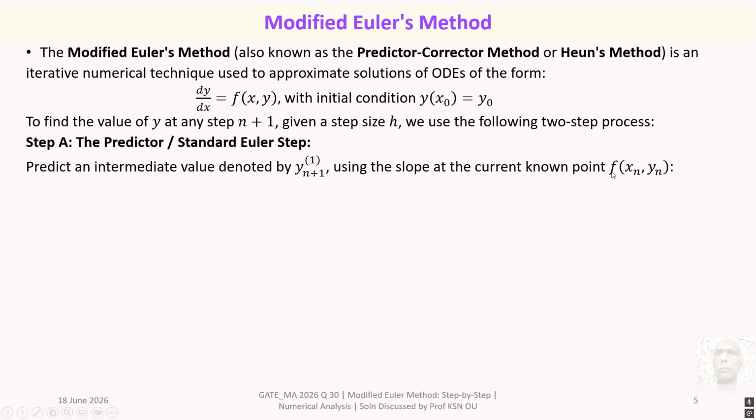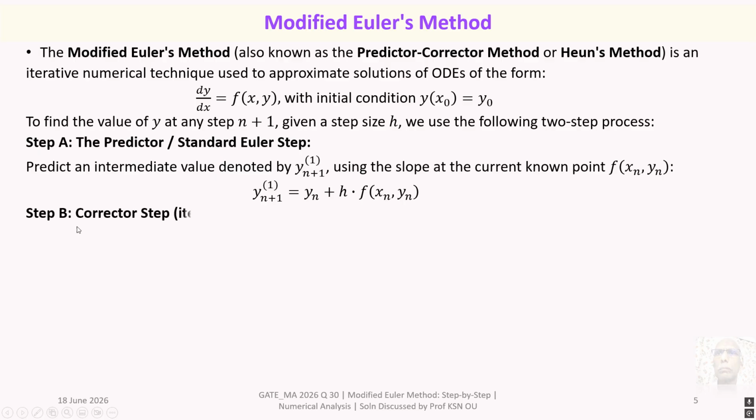The slope is f of xn yn. So yn plus 1 superscript 1 is equal to yn plus h multiplied by f of xn yn. That is the standard Euler step.